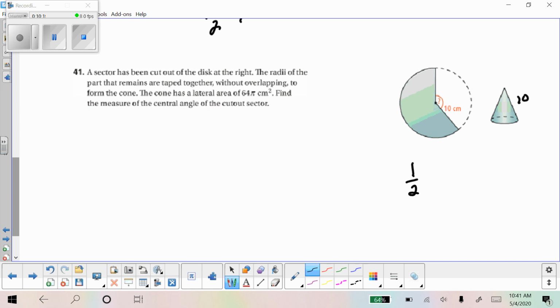So 1/2 times the circumference, let's call that 2 times pi times r for now. So 1/2 times the circumference times the slant height, which is 10. That's equal to 64 times pi. We're going to divide out the pi from both sides, get rid of those. And then we have 10r is equal to 64. So r is equal to 6.4.